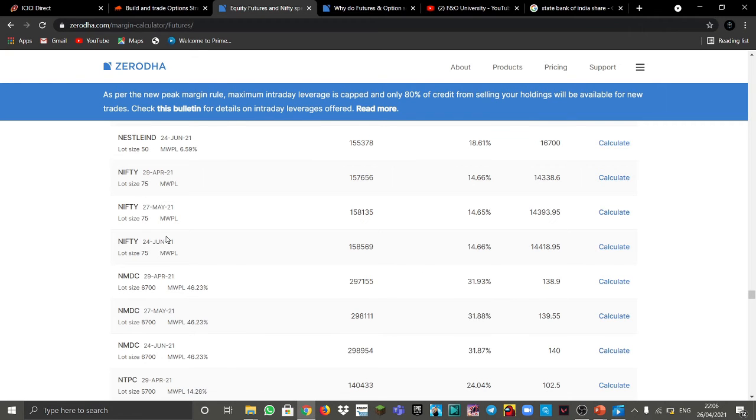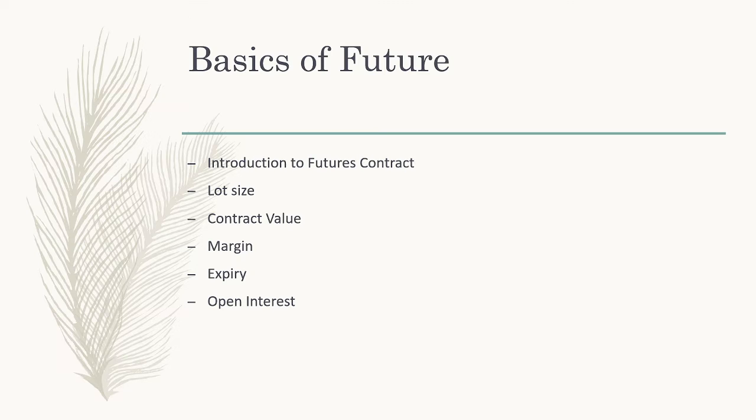Contract value is your lot size multiplied by the last traded future price of that particular underlying asset. So here in Nifty, 75 would be the lot size. You multiply this with the future price of Nifty, which is 14,338.6, and that would be the total contract value. You do not need to pay this much amount. You only need to pay 14.66%, which is 1,57,000. But total contract value is this much, your last traded future price and your lot size.